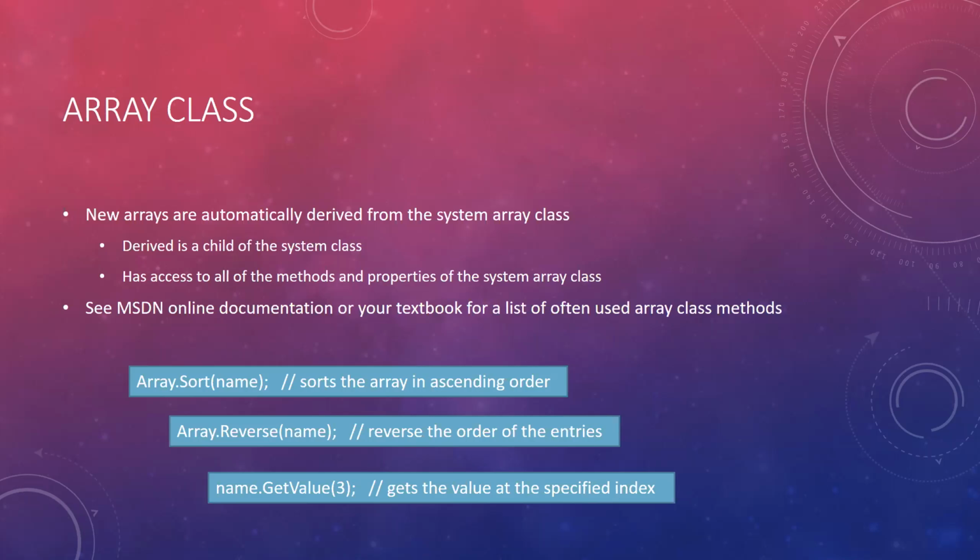Some other things that we can use from the Array class, we could use Array.Sort to sort an array. We could use Array.Reverse to reverse the order of entries. We could use Array.GetValue to get the value at a specific index if we didn't want to use the square brackets to access things. So a little bit of differences.